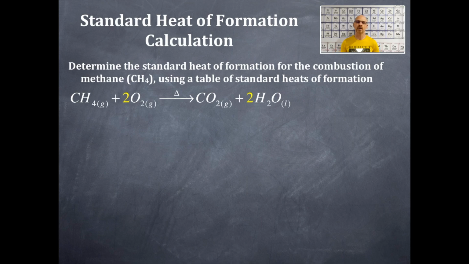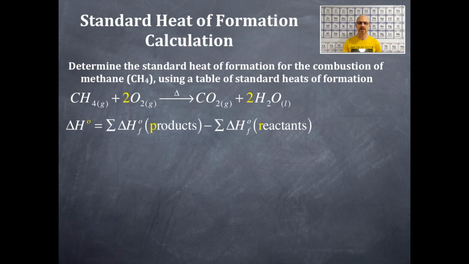Now we need to know the equation. And here's the equation. This is delta H naught. See that little superscript 0? That's read as naught. That means it's in the standard state. So delta H naught is equal to the summation, the sum, that's a sigma symbol, of the delta H naught of formation of the products minus the sum of the delta H naught of formation of the reactants.